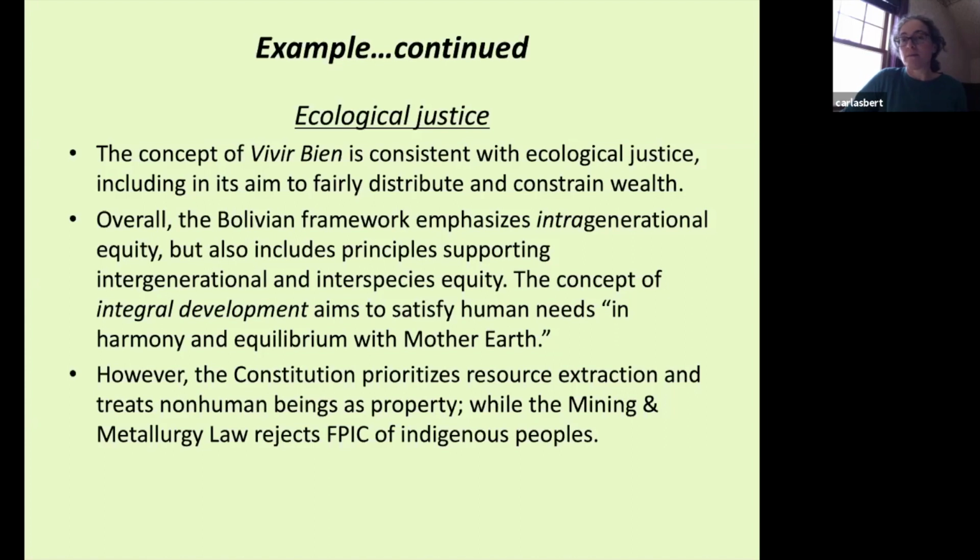And even the mining law rejecting the free, prior and informed consent of indigenous peoples as a requirement, and very specifically saying that what's required is free, prior, and informed consultation. So I mean, at least they don't lie about it. They're more transparent.